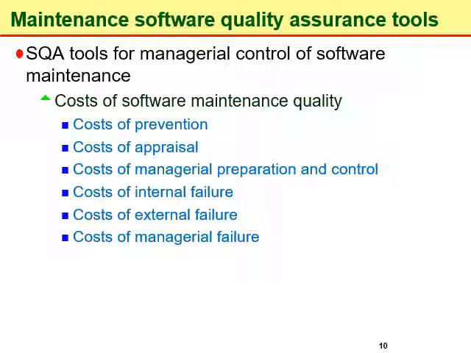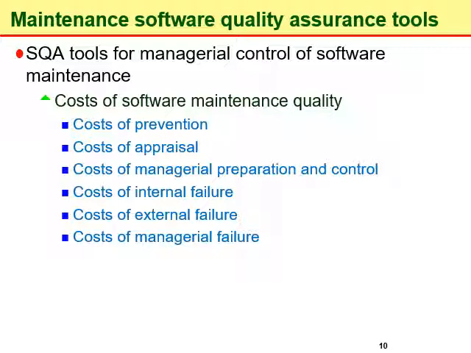Then the last cost here is cost of managerial failure, which includes the costs that are caused by managerial actions or inactions, that is costs of damages resulting from shortage of maintenance staff or inadequate maintenance task organization or inappropriate managerial decisions.